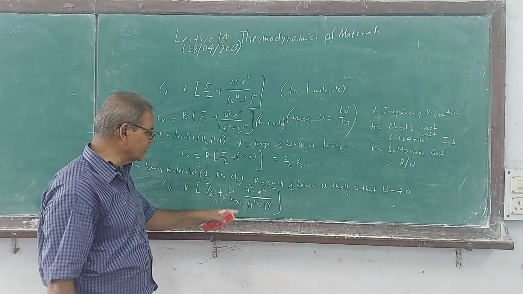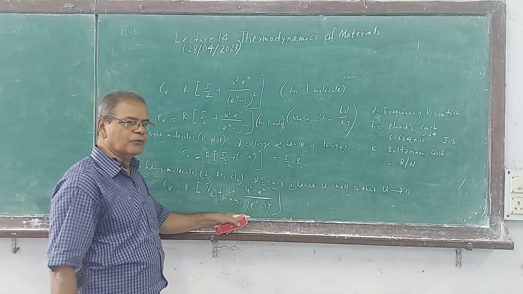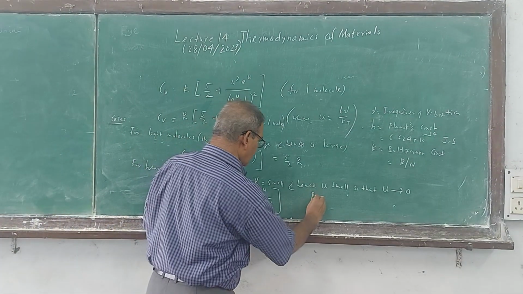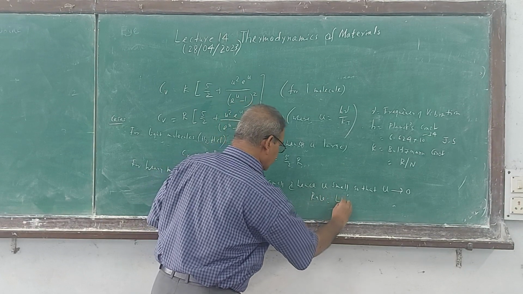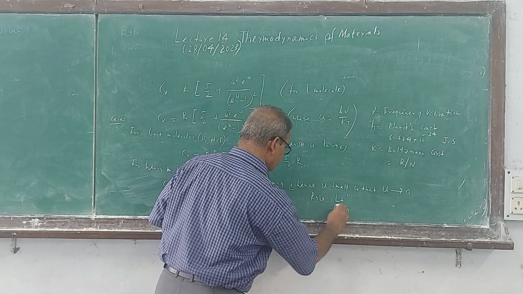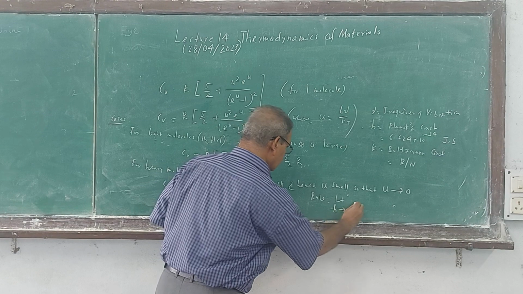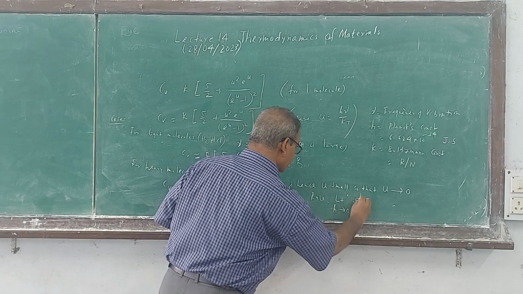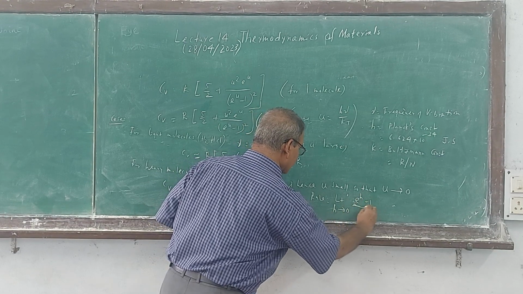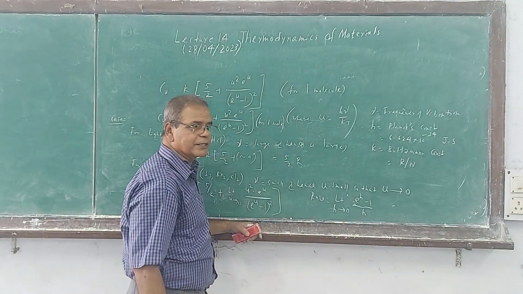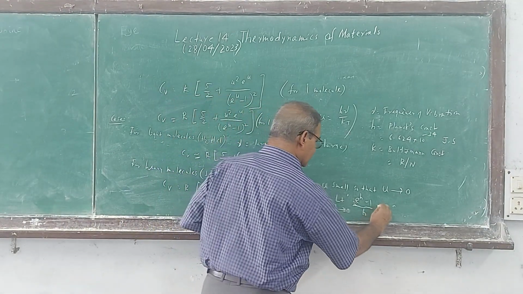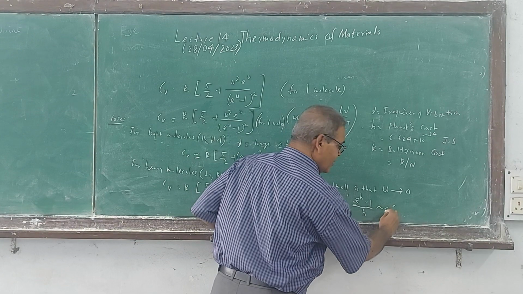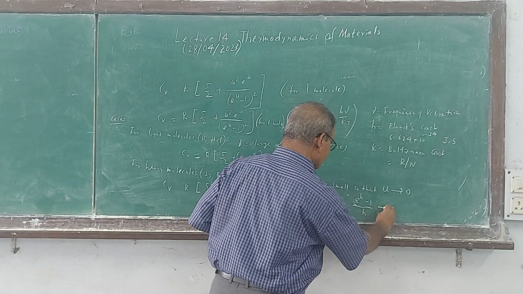So what is this? Limit h tends to 0 of (e to the power h minus 1) by h. You know the standard limit; it is just 1.